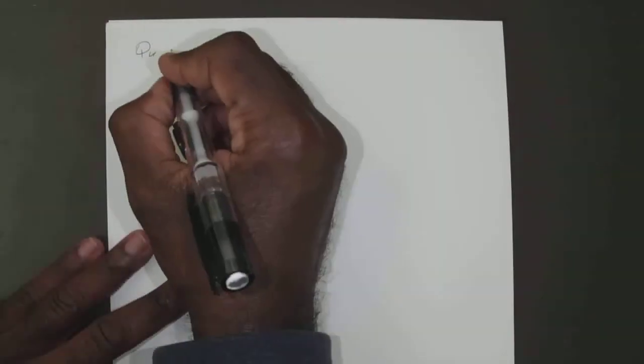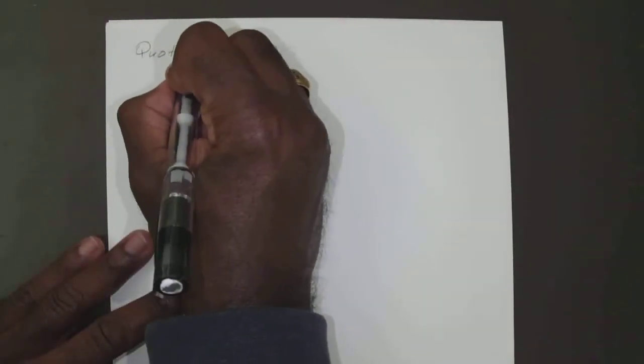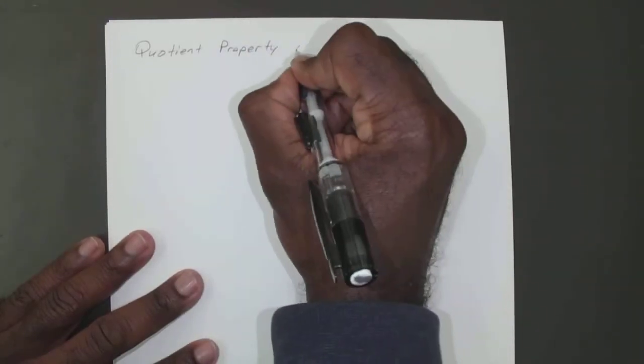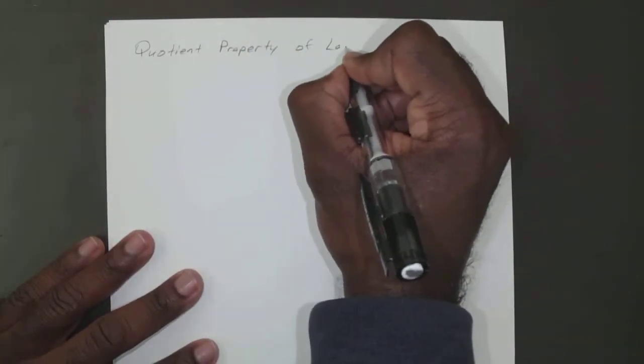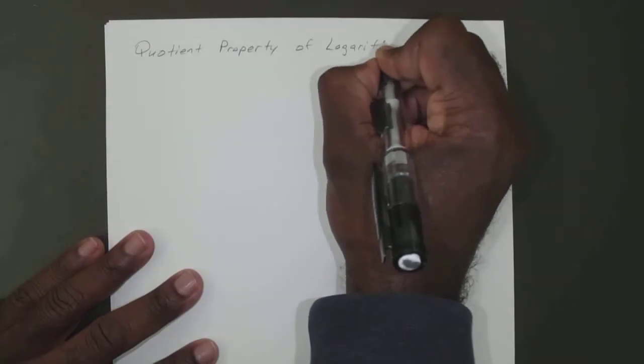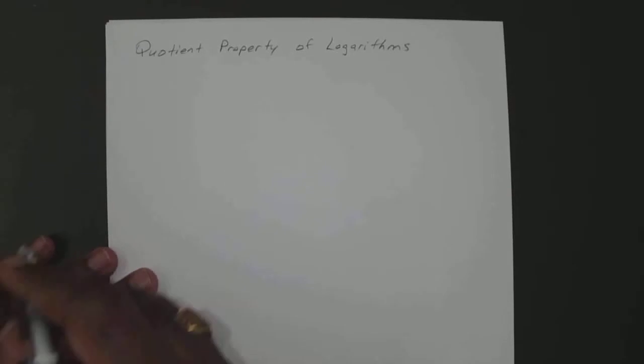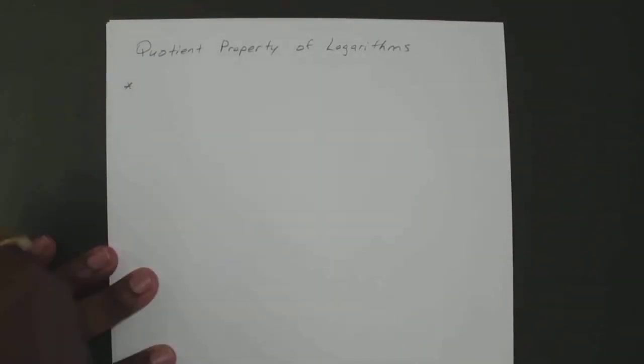So what if we have our quotient property of logarithms? Again, let's say we have m and n be positive real numbers.